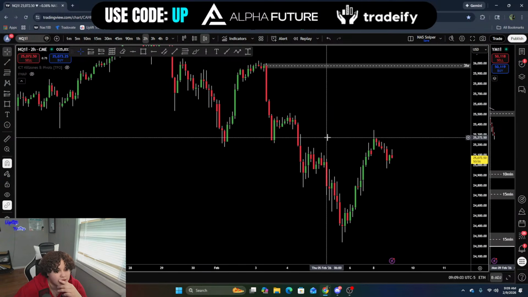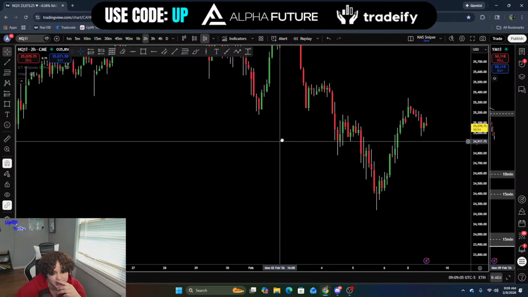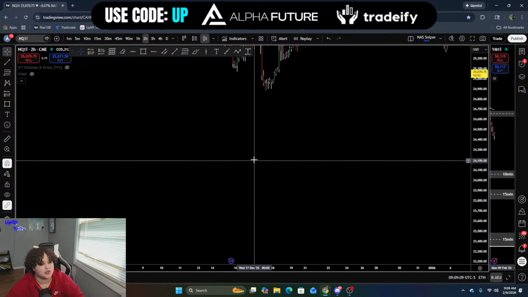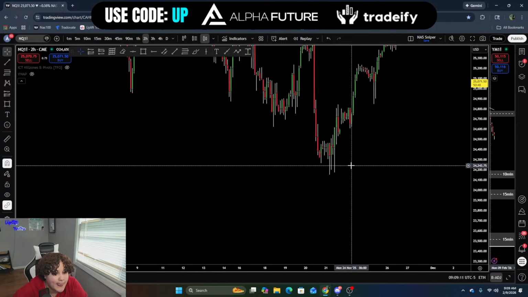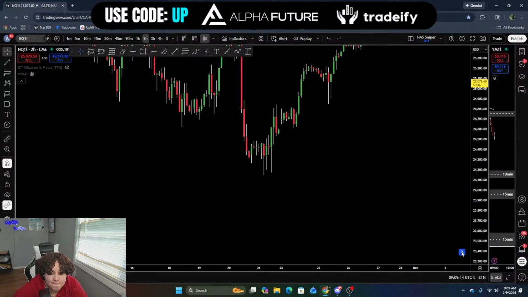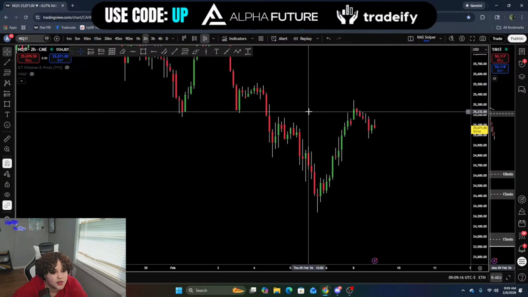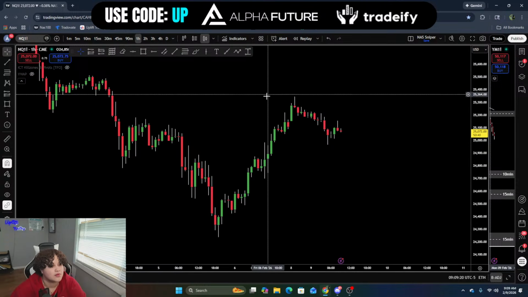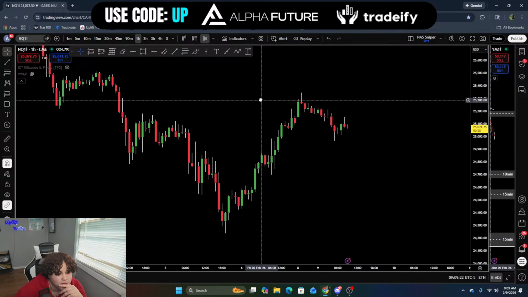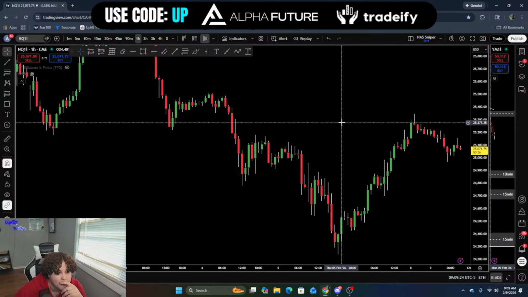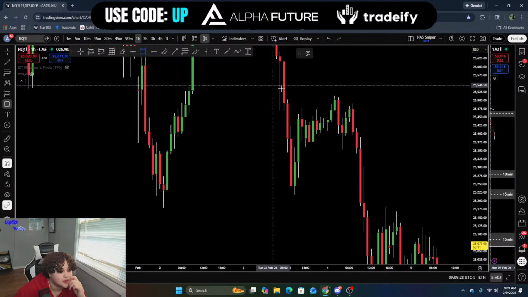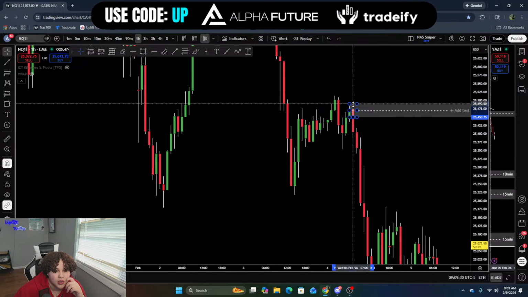On the 2 hour time frame, I just don't see anything close to price. 1 hour time frame. I guess this could be a 1 hour supply zone. I'll mark it down.